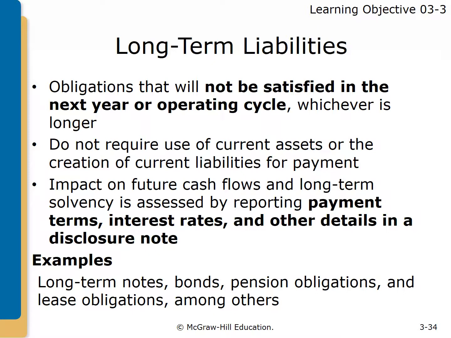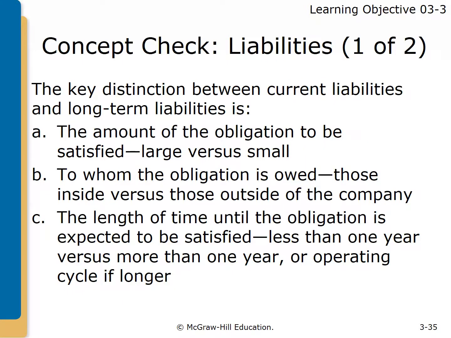They could be notes, bonds, something called a pension obligation, which you'll learn about in Intermediate Accounting 3, as well as lease obligations. So the key distinction between current liabilities and a long-term liability is the length of time until the obligation is expected to be satisfied.